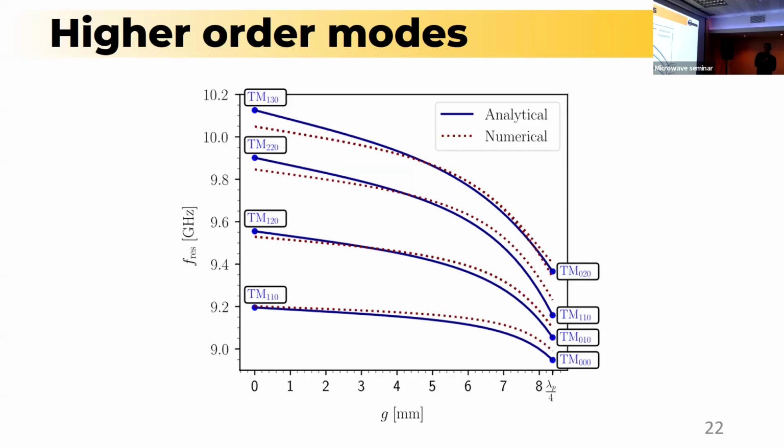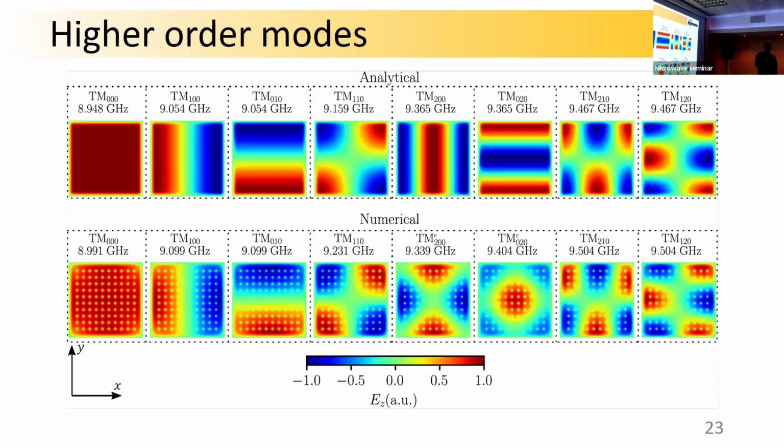They start to decrease the resonant frequency and go to more uniform modes in comparison to the ones in which G is equal to 0. And if we check the field profiles of these modes, we have this behavior, kind of good agreement between the analytical and numerical, with the exception of some particular modes.